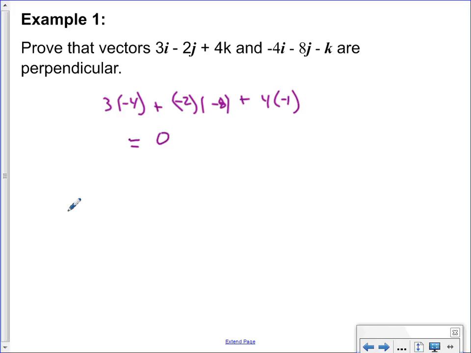Therefore, the vectors are perpendicular. Easy. All right, moving forward.